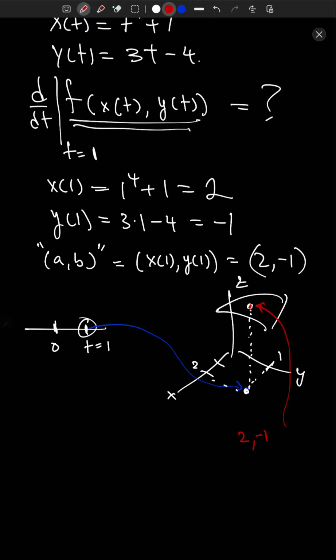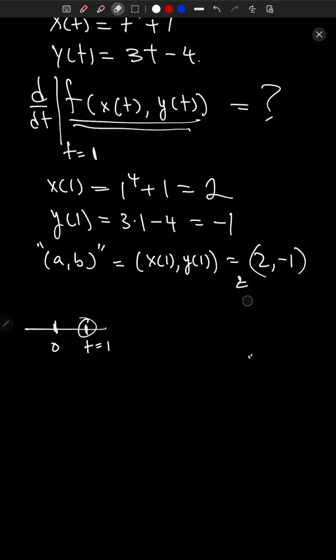Yeah, let me fix this. Let me just redo this picture. I'm just going to draw literally the same picture, but in a way that's actually correct. So here, y is -1, x is 1. So we're actually going to that point, right?